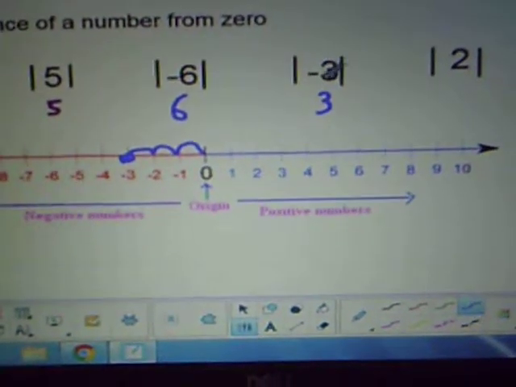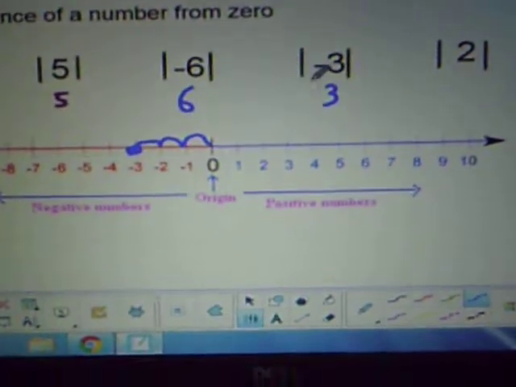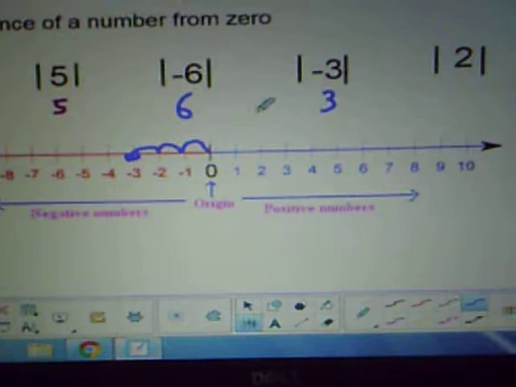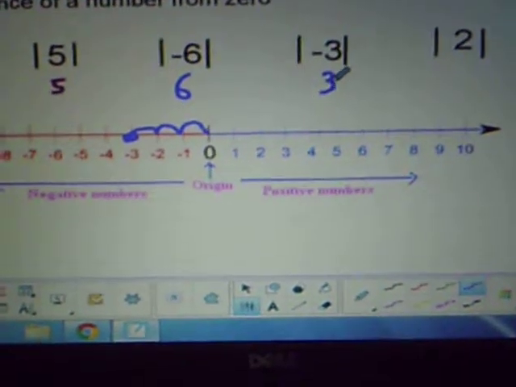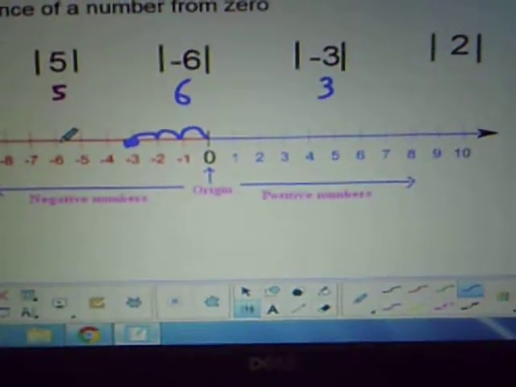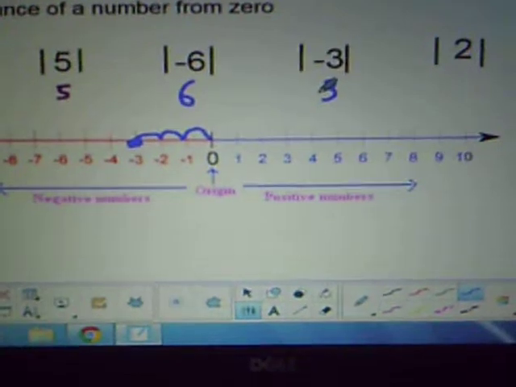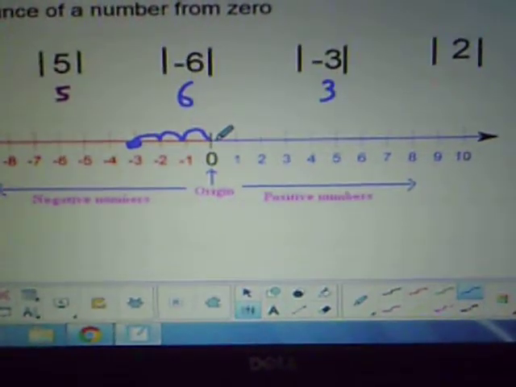So even though we're looking for the absolute value of a negative number, our distance is always expressed in a positive value. Because even though negative 3 and negative 6 are on the negative side of 0 on the number line, they're still just 6 and 3 respectively away from 0.